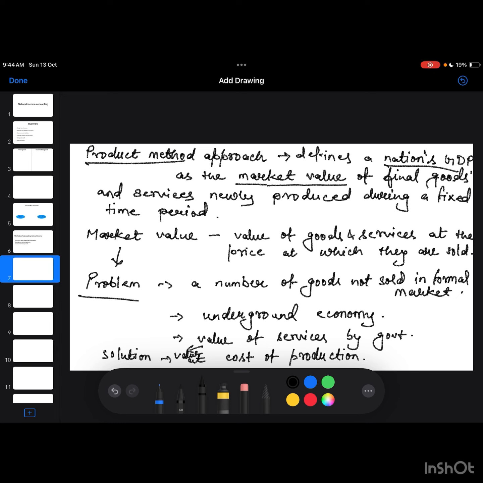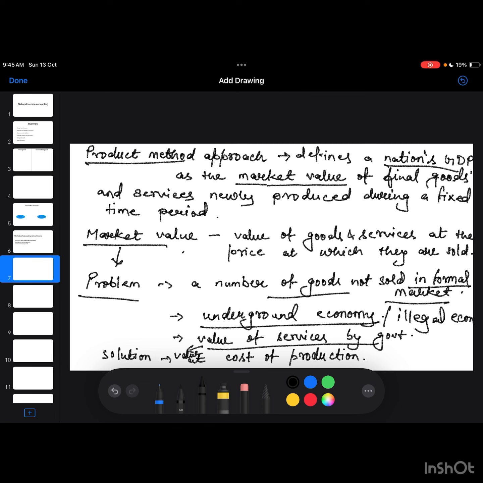Now the problem with market value is that a number of goods are not sold in the formal market. There is also an underground economy that we also call the illegal economy.